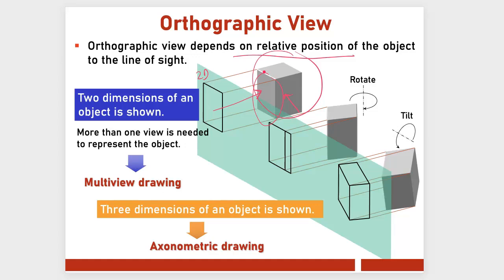So to represent a 3D object accurately through 2D drawing, we need to have more than one drawing. We need to have more than one orthographic view of the object. Okay, I'm going to write that down.